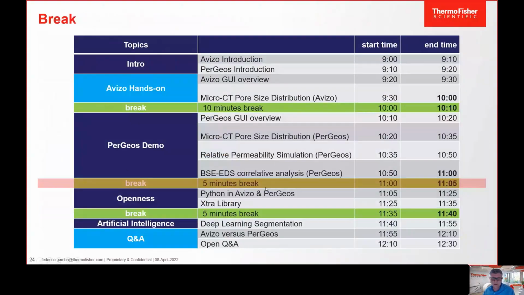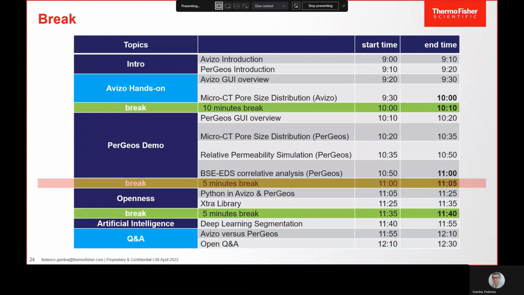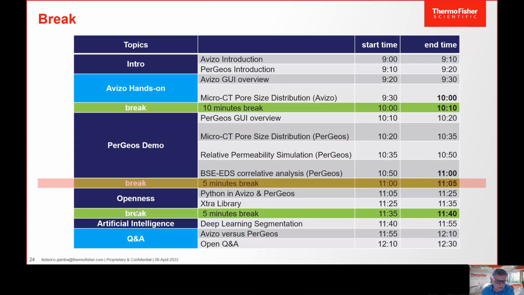I think we are here. It's about how to extend Avizo and PerGeos. It's a pillar of Avizo, I would say, and PerGeos as well, but for sure it's coming from Avizo. You understand, Avizo is very much used in research.